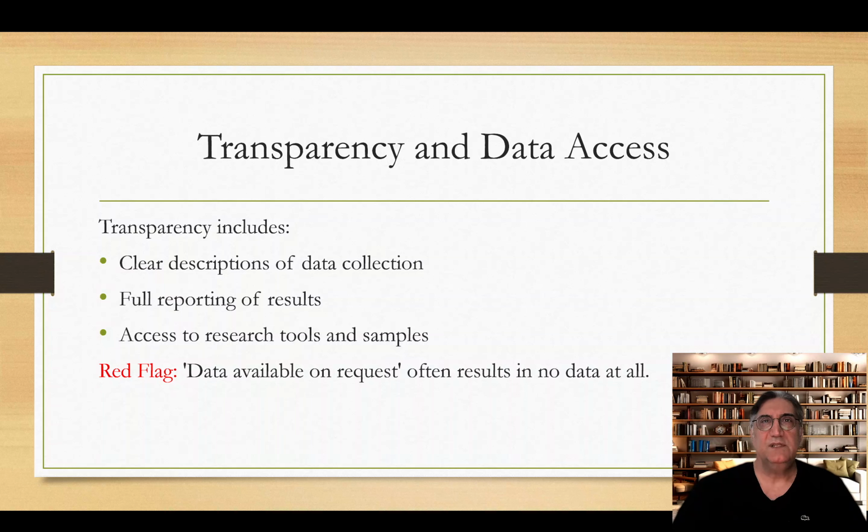Yet, in many studies, especially in high stakes testing, data is locked away. A common phrase is "data available on request," but in practice, such requests are often denied. That is a red flag. If the study excludes failing test takers or includes only top scorers without explanation, that's selective sampling. It's not just bad practice, it's unethical.